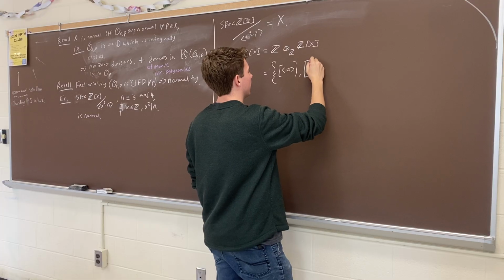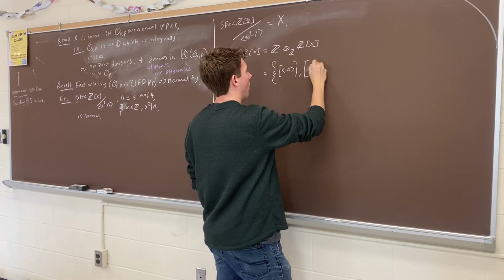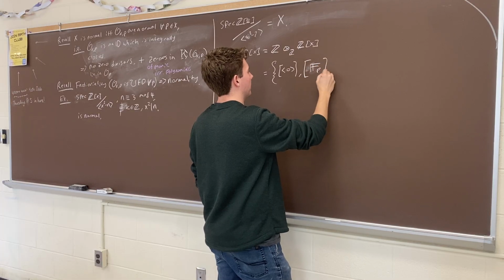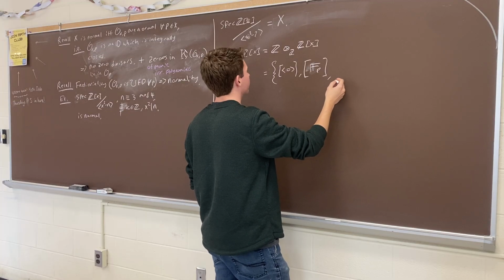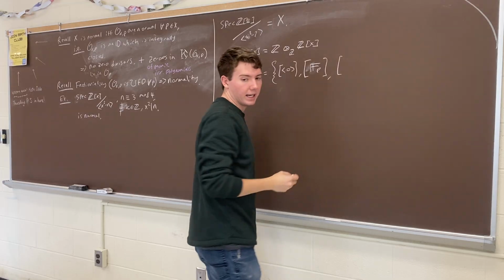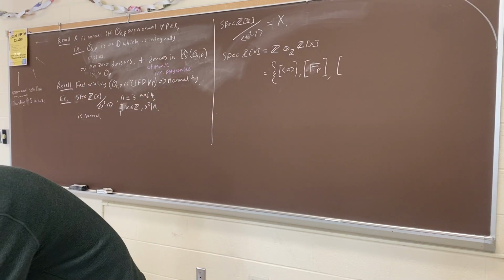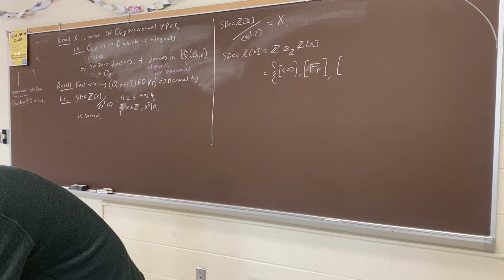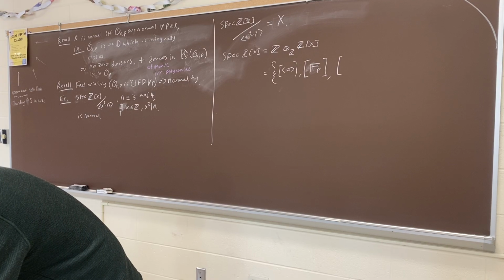And so we end up getting copies of finite fields. And then we end up at the very end with just irreducible polynomials.